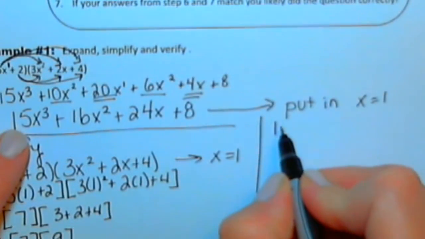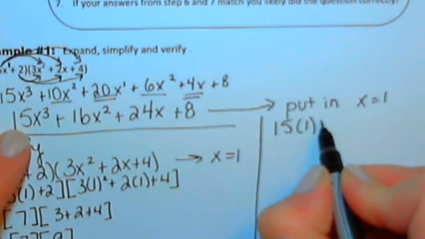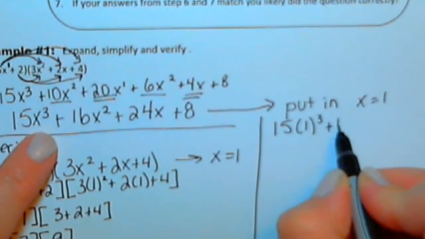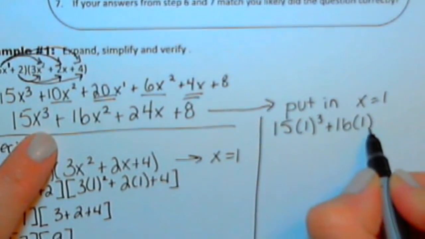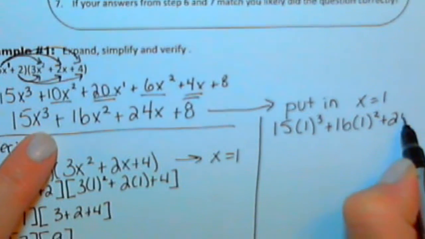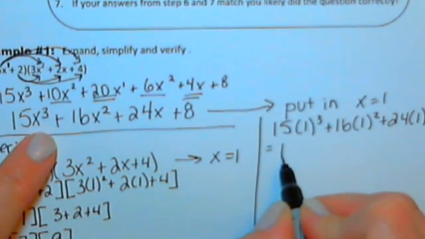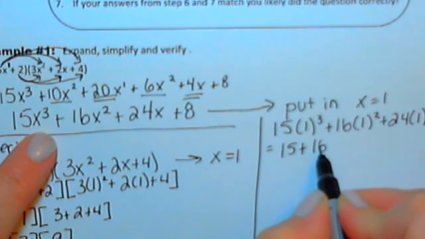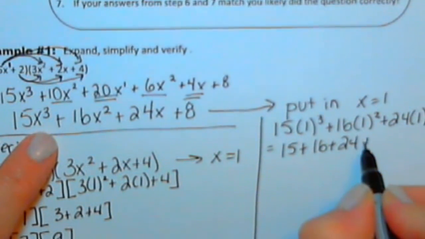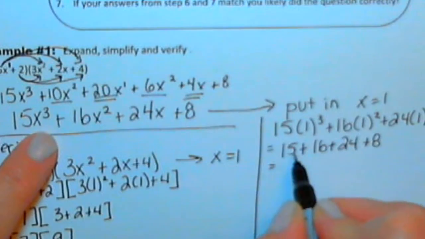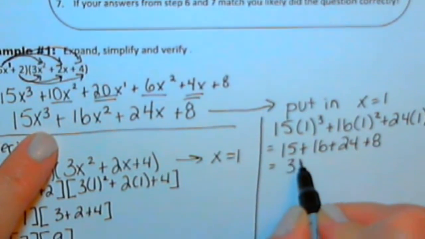Well, we're going to have 15 times 1 cubed plus 16 times 1 squared plus 24 times 1 plus 8, which is 15 plus 16 plus 24 plus 8. 15 and 16 is 31.